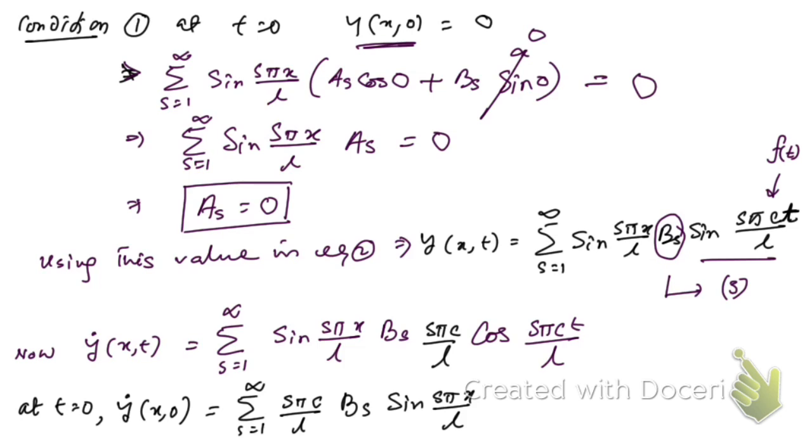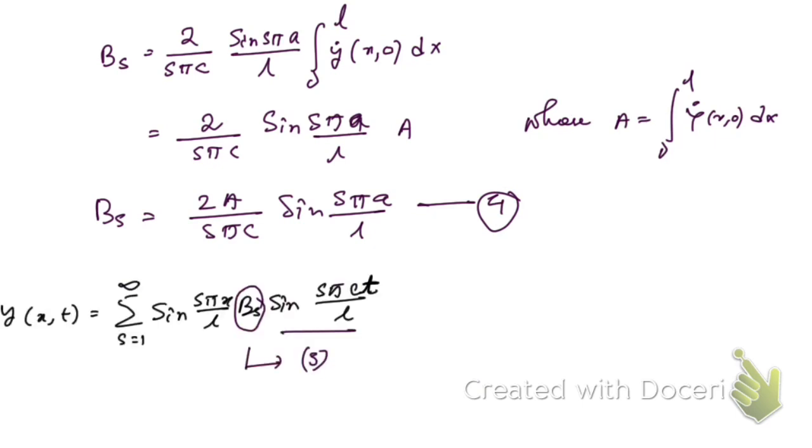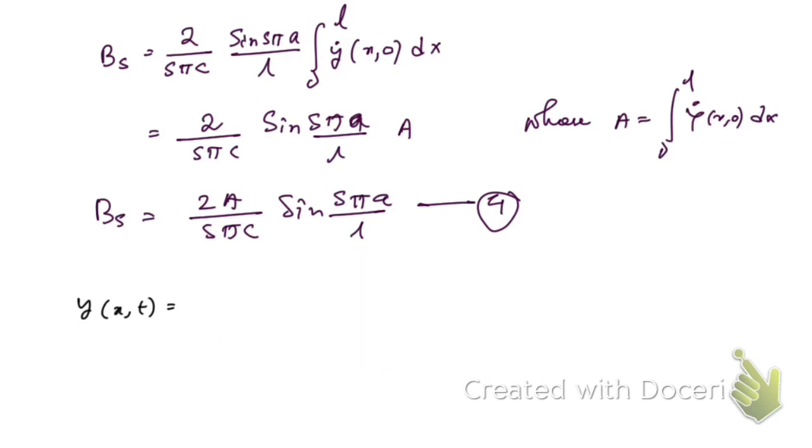So first let me copy equation number 3. So this is equation number 3. Now let me replace the bs. Then this equation number 3 becomes of this form. Let me show you.